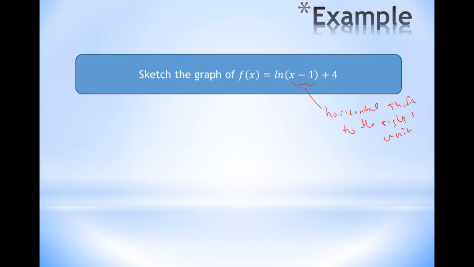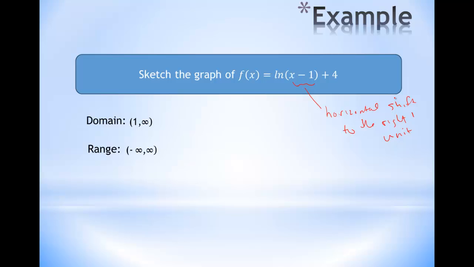That's going to affect my domain. The domain of the ln function was 0 to infinity, and now my new domain is going to be 1 to infinity, because I shift everything to the right. The range of the ln function is all real numbers, and that's not going to change at all.